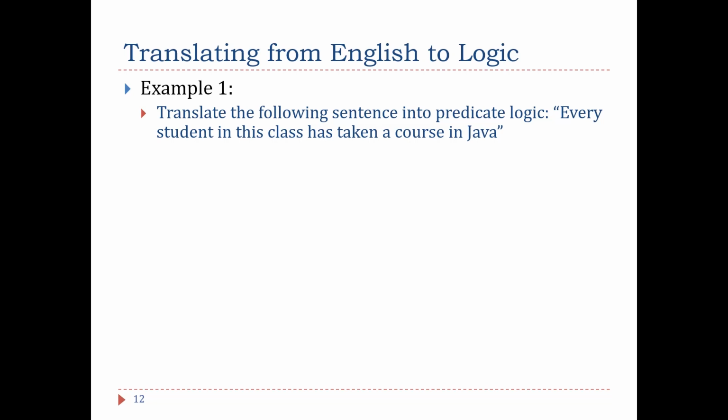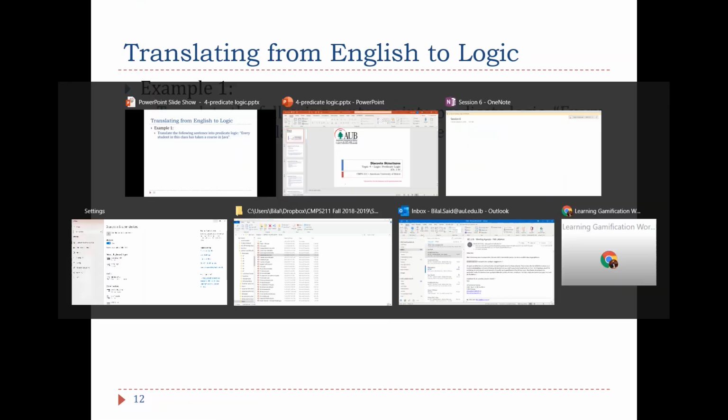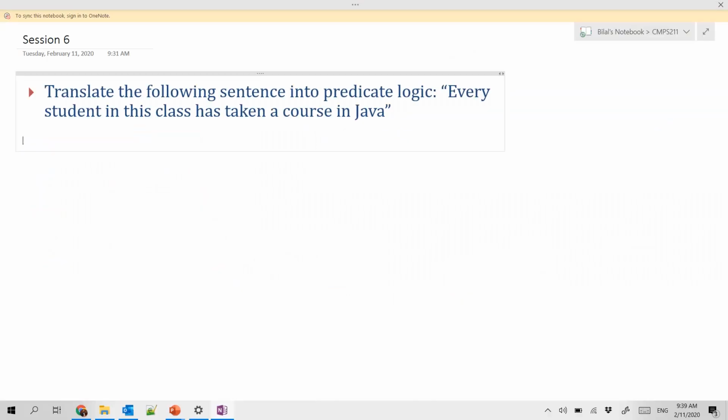Let's consider one example. Translate the following sentence into predicate logic. Every student in this class has taken a course in Java. So can you give it a try? I have this sentence here and we would like to interpret it.